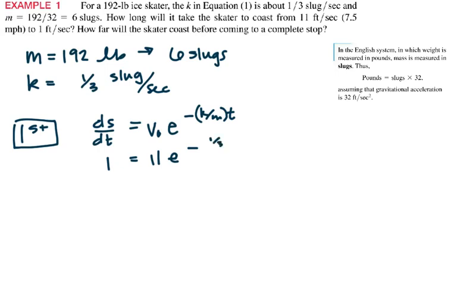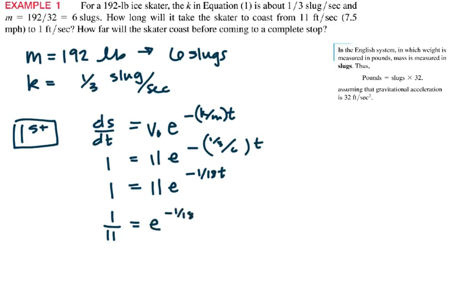So I have 1/3 divided by 6 t. And then I have 1 equals 11 e to the negative 1/18 t. So that tells me 1/11 equals e to the negative 1/18 t.